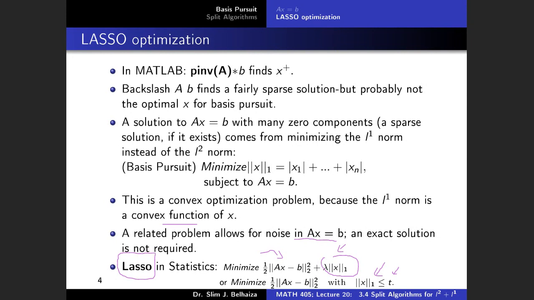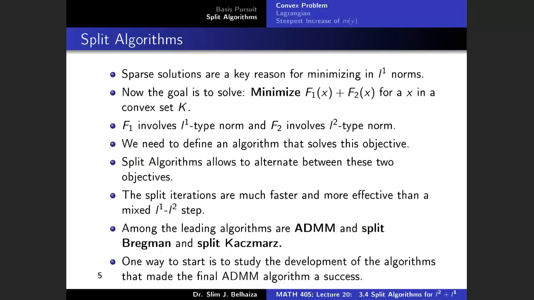So if we move forward, what do we need to define? Now, to solve the problem of finding the x which has the least L1 norm and which is a sparse solution, we need to set, first of all, the objective.